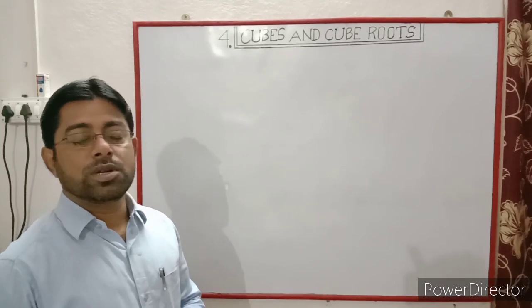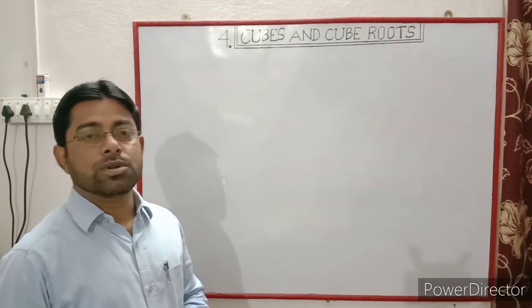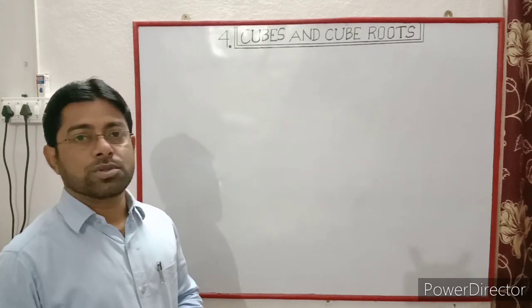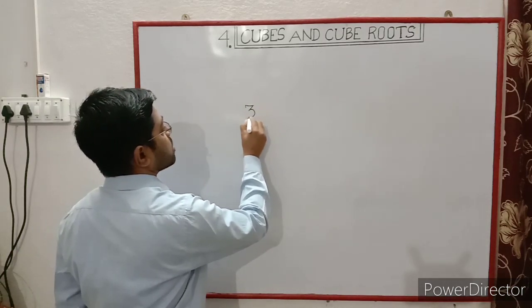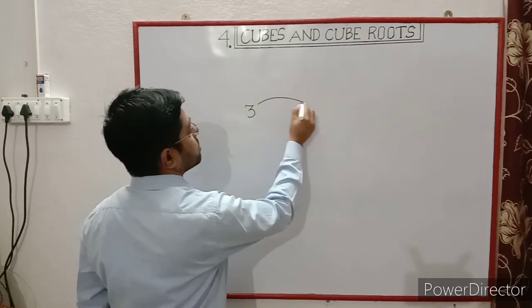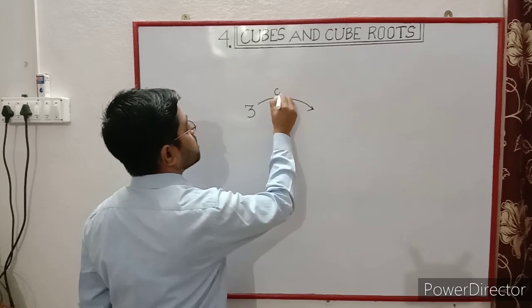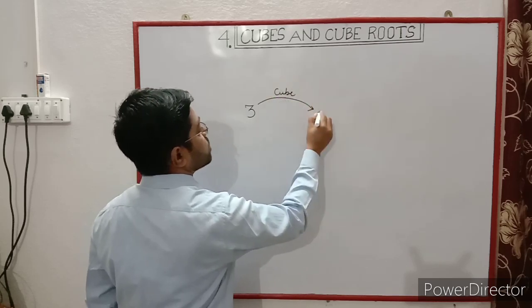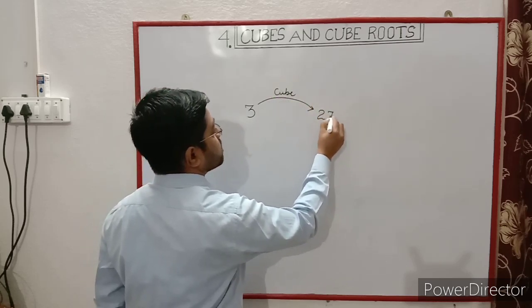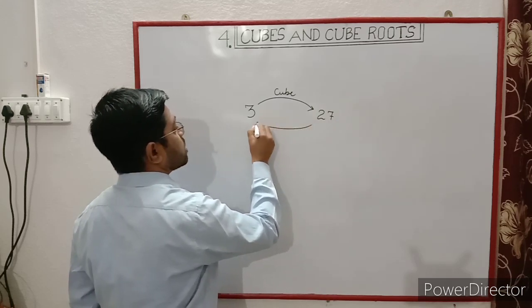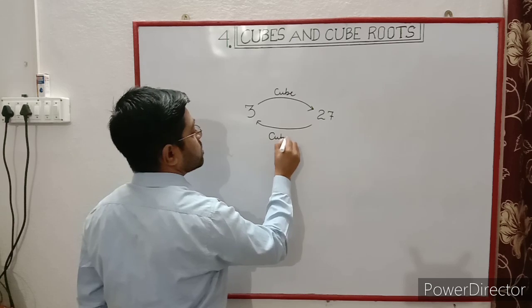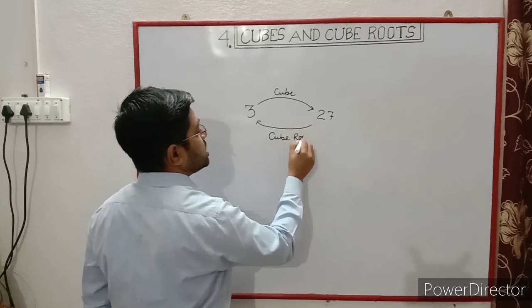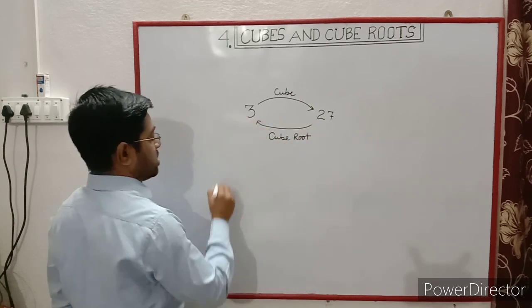My dear students, today we will continue chapter number 4, cubes and cube roots. Let's see. Cube of 3 is 27 and cube root of 27 is 3.